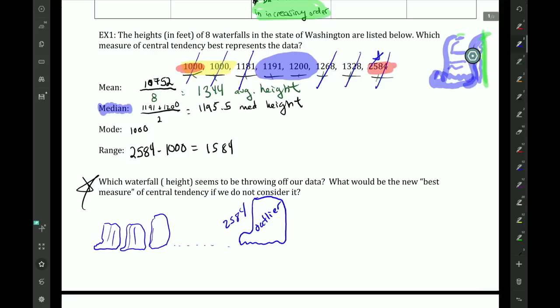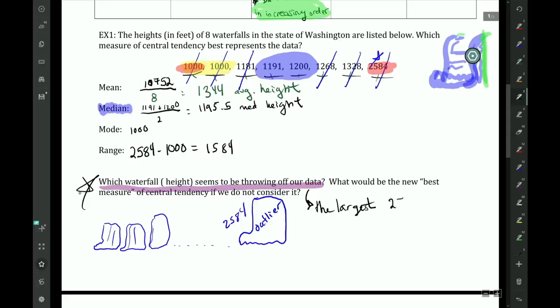So if we actually get rid of the outliers, which waterfall seems to be throwing off our data? That would be the largest one, 2,584. What would be the new best measure of central tendency?